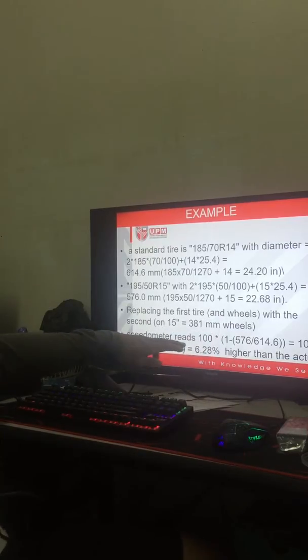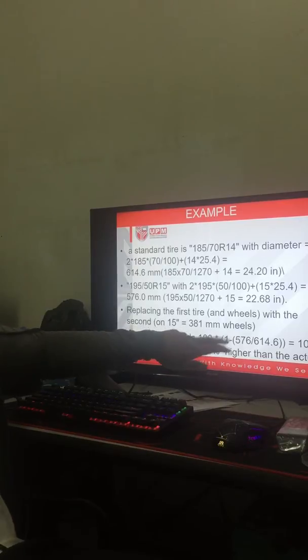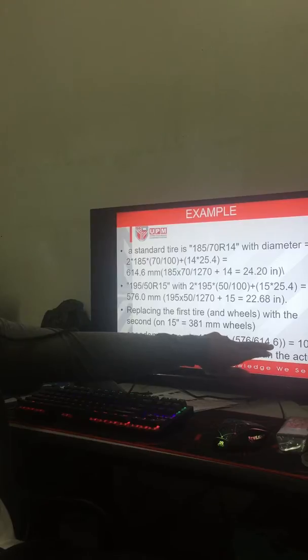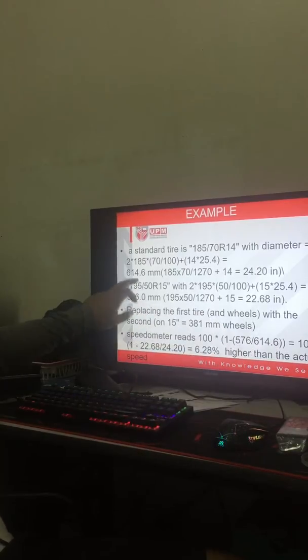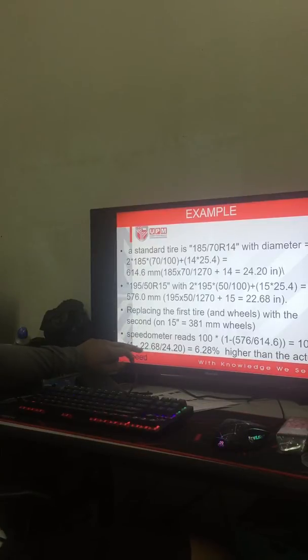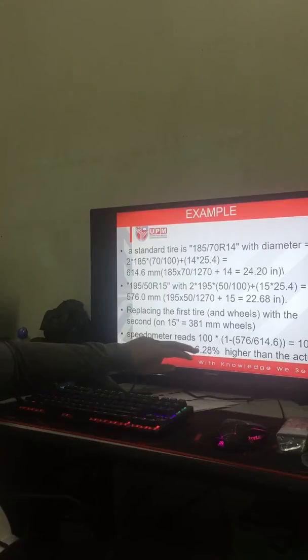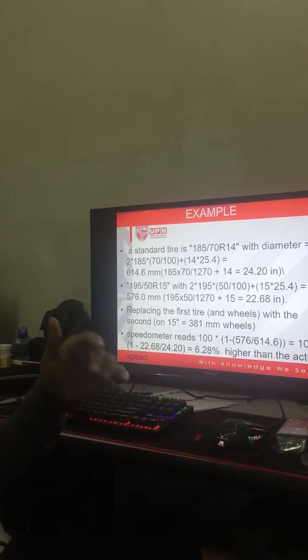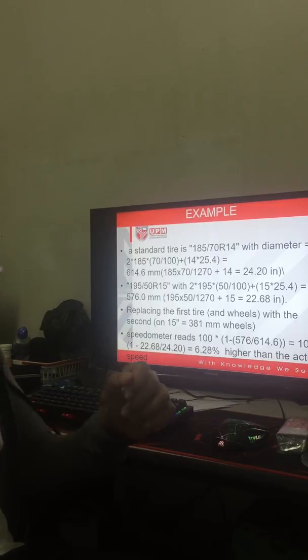The speedometer reads 100 times (1 minus 576 over 614.6). This is equal to 100 times (1 minus 22.68 over 24.2), which is equivalent to 6.28% higher than the actual speed.